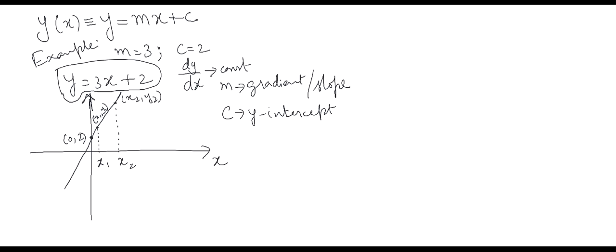So the corresponding y values are y1 and y2. Now we are interested in how much slope this is. We already know that m is 3, but in the graphical representation, when we close this gap, this will be our dx. Do you get that?